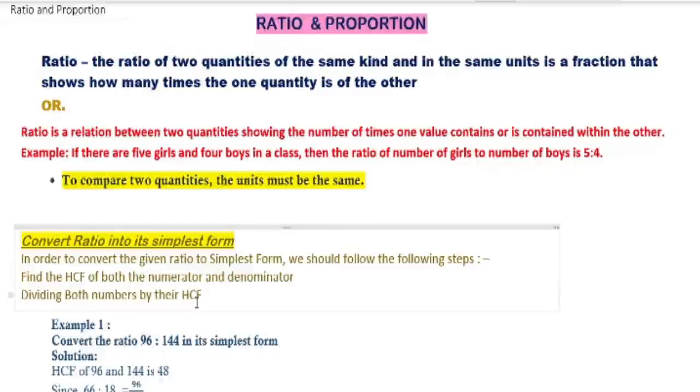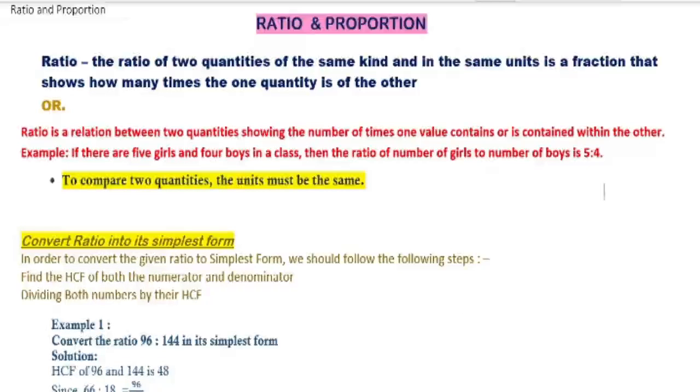HCF means highest common factor. We know a ratio is a fraction, and a fraction has a numerator and a denominator. So the first step is to find the HCF of the numerator and denominator, and the second step is to divide both numbers by their HCF.